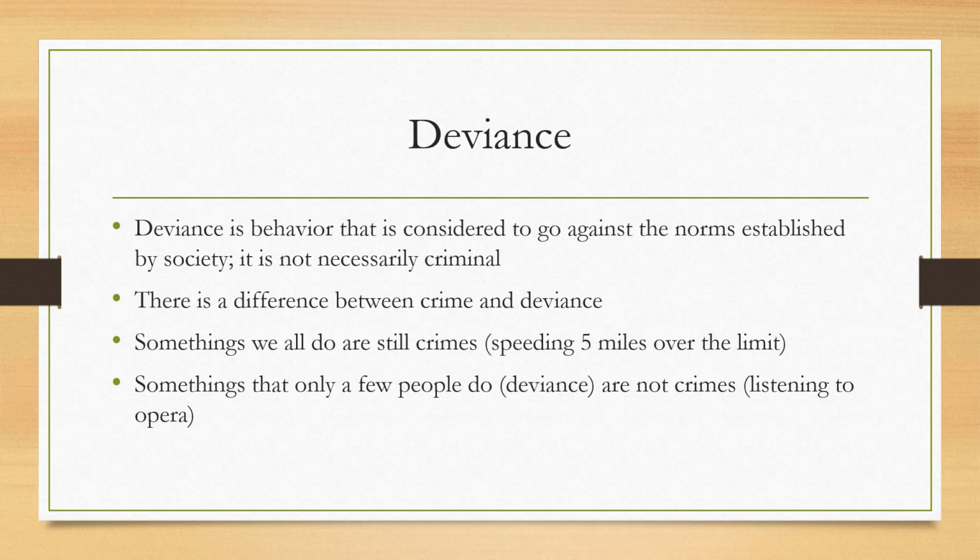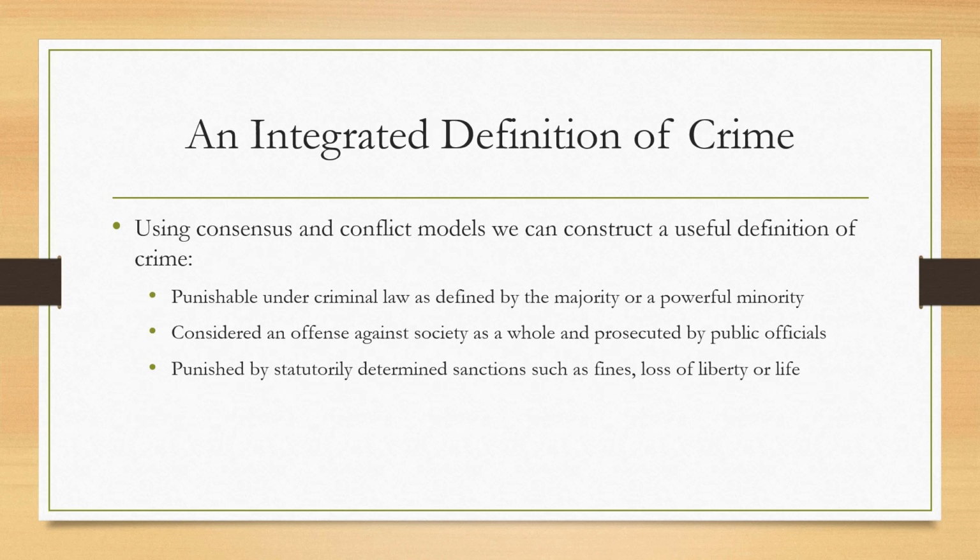Almost everyone I know speeds at least a little bit, maybe 4 or 5 miles over the speed limit. So even though the norm in the society is everybody does this, we still criminalize it. We still say, well, you can't speed, for good reasons. So deviance helps us as a guide, but isn't an absolute surety of what deviance becomes a crime.